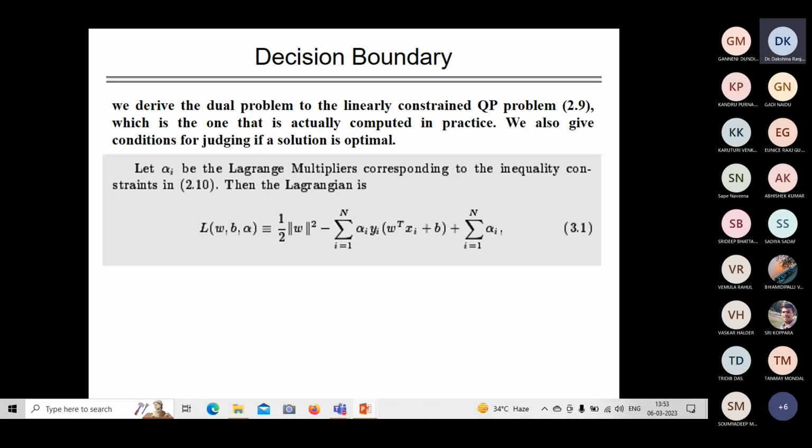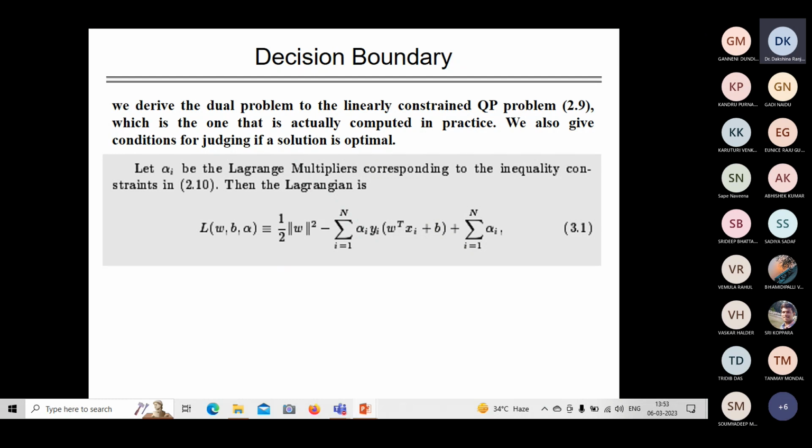Now here we derive the dual problem to the linearly constrained optimization problem, which is the one that is actually computed in practice. We also give the conditions for judging if a solution is optimal or not. Now, to estimate the weight vector and bias, we can use the Lagrange multiplier.